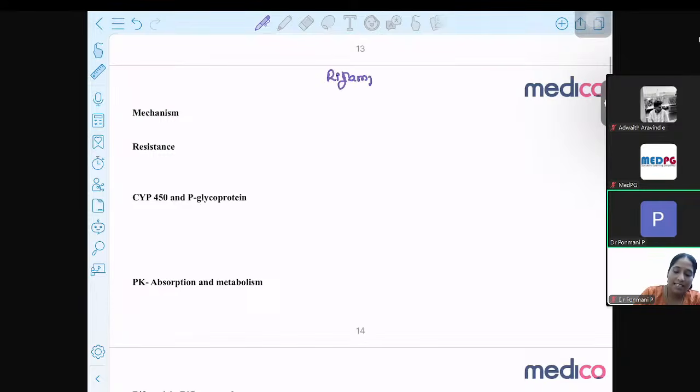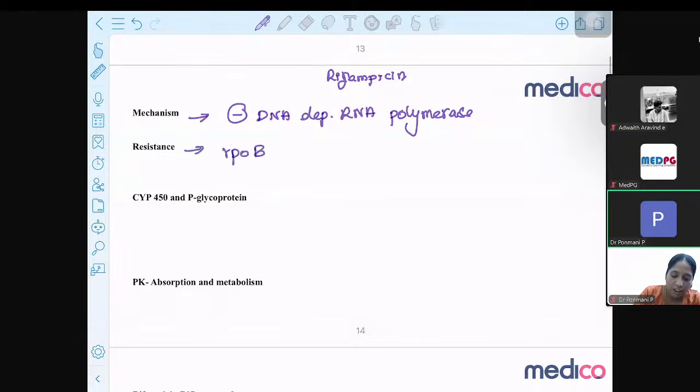So, how does rifampicin work? Rifampicin works by inhibiting an enzyme called DNA-dependent RNA polymerase. And when does resistance to this drug come? Resistance comes when there is a mutation in the rpoB gene.